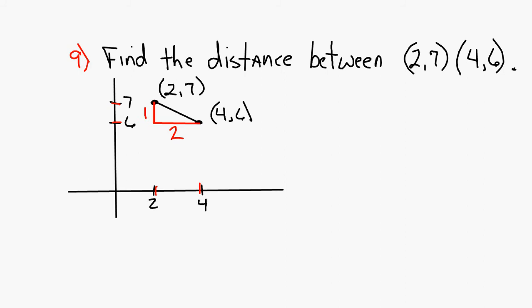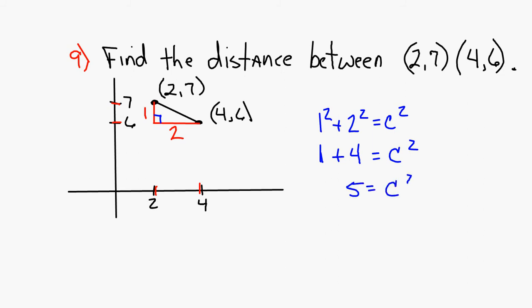So you can find this hypotenuse by using the Pythagorean theorem. So 1 squared plus 2 squared equals c squared. So 5 equals c squared. Square root of 5 is equal to c, about 2.2.